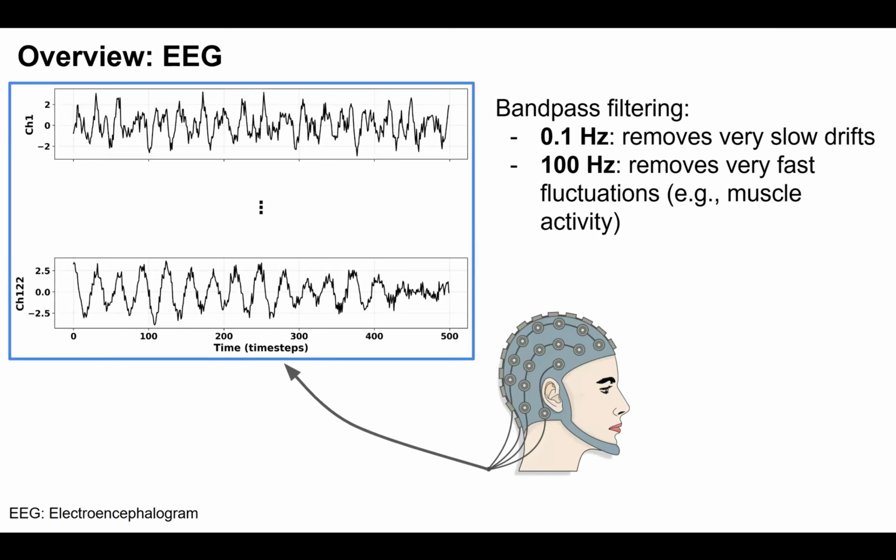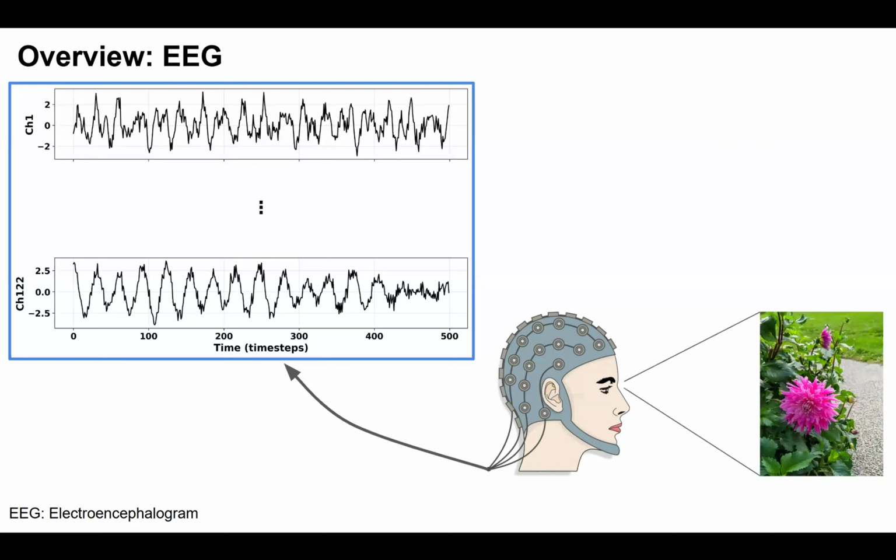You remove some low frequency and high frequency from the data to remove the slow drifts, like sweating, or very fast fluctuations in activity, like muscle activity. So the data is already pre-processed.